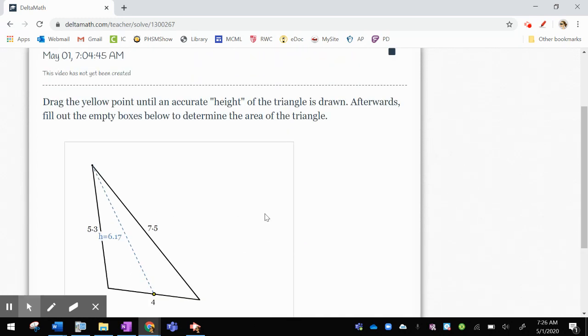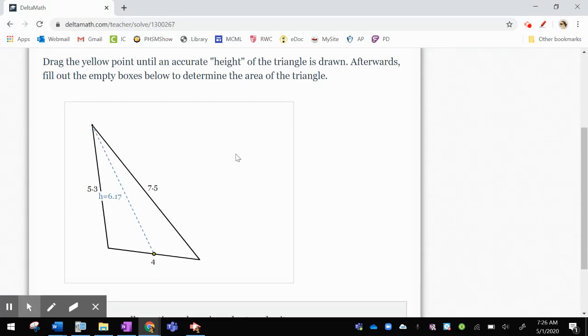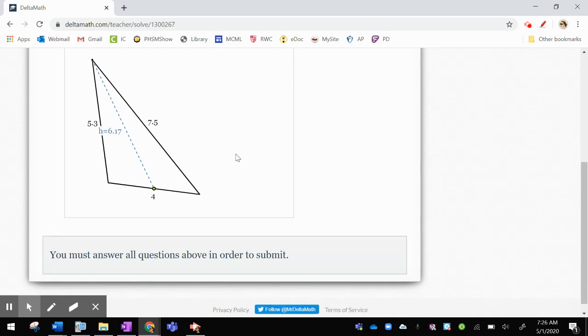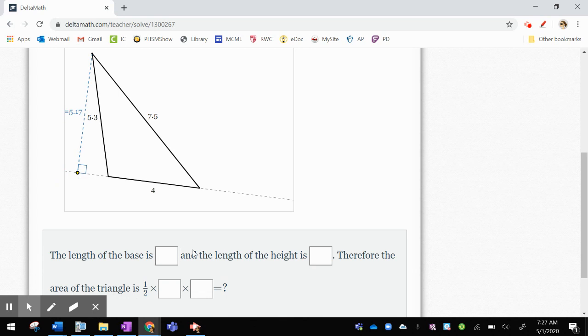One of the questions is going to say, drag the yellow point until an accurate height of the triangle is drawn. Afterwards, fill out the empty boxes. Okay, so this is saying, is 6.17 really the height? No, because that's not a perpendicular distance. So I'm going to drag this until I get an appropriate perpendicular. Bing! I found it. Now that that's a right angle, this second step will open up.